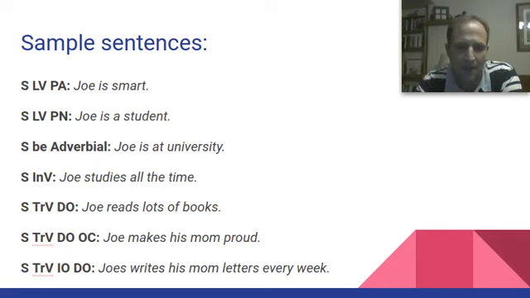All right, now here we come down to the object complement. Joe makes his mom proud. All right, so our structure here, we get Joe makes, and if we're really thinking logically, Joe makes what? He makes the completer of that makes is really his mom proud. I mean, that whole concept is there. But notice that he makes his mom, but we have to have some sort of completer, and that's where the object complement comes in.